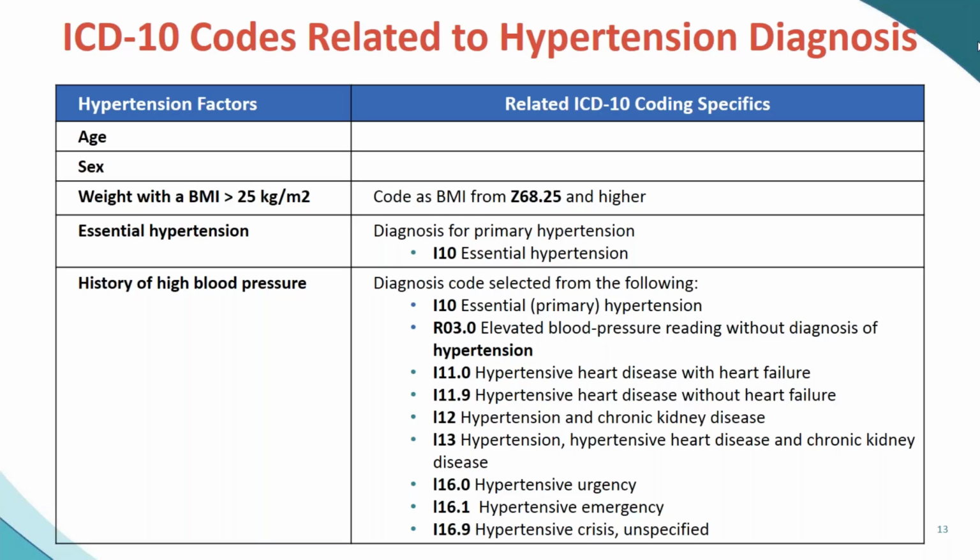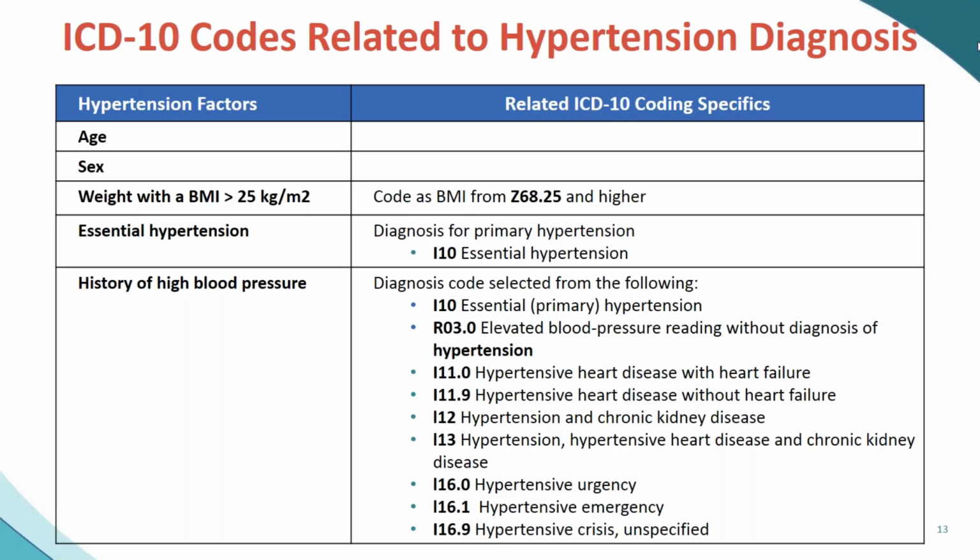For whatever reason, don't let them go without coding that, and coding it as an R03, so that you know that there was something abnormal or elevated, and that you can go back and, using that code, pull that patient back in and look at them again and decide whether or not you need to code them as hypertensive.